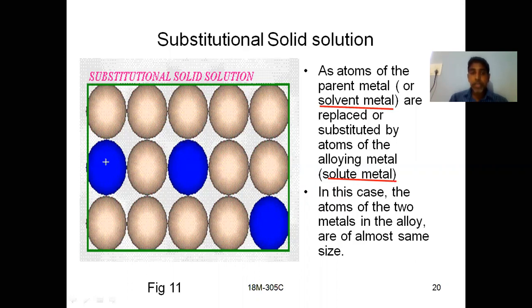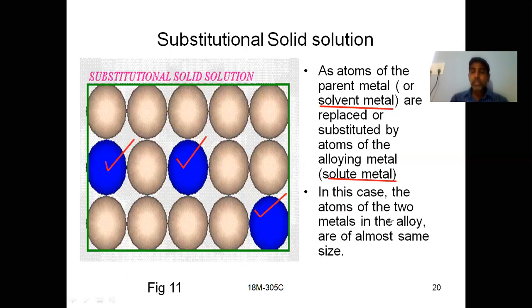If you see, it is replaced here, here, and here also. That means we are replacing the solvent atoms with solute atoms. So substitution is taking place. That's why it's called substitutional solid solution.